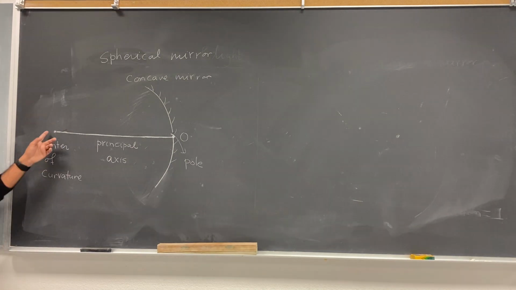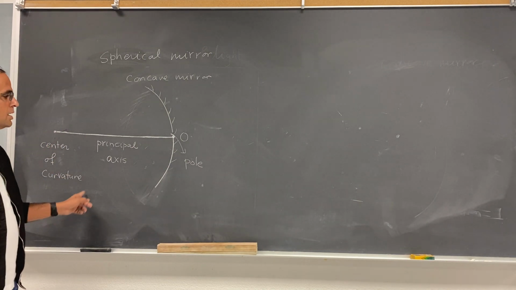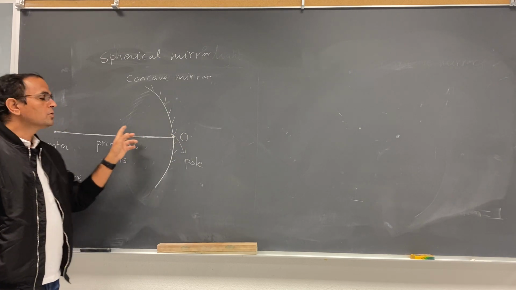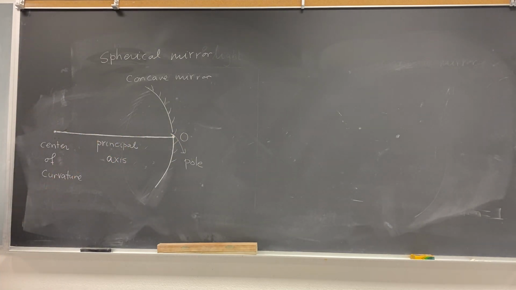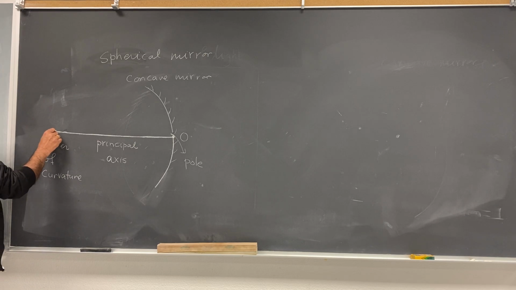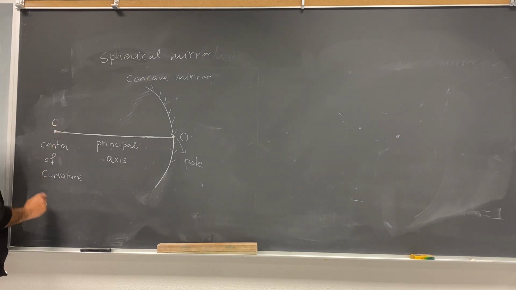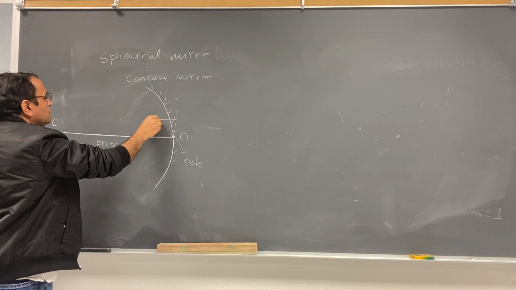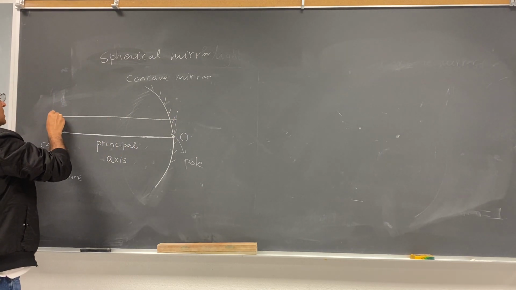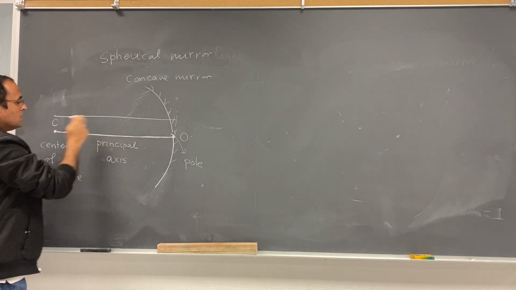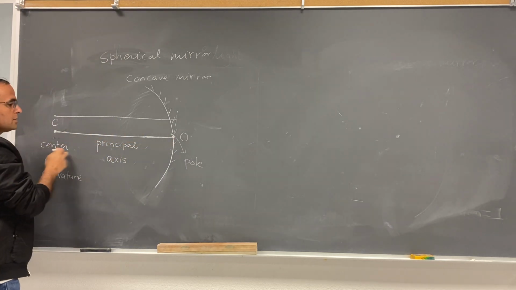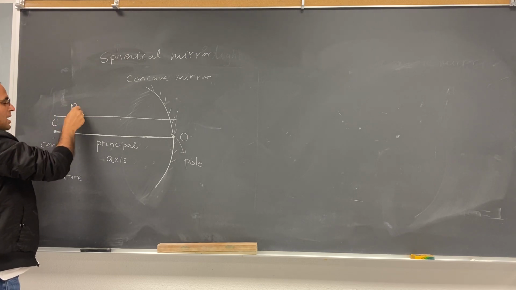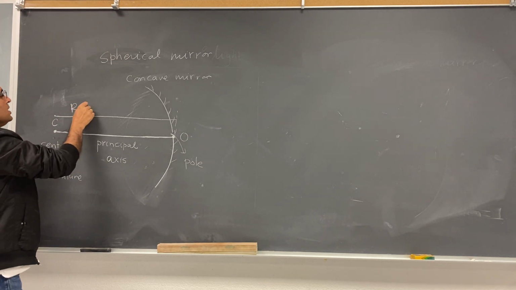The line joining the center of curvature and the center of the mirror, the pole, is called the principal axis. This point is C, this point is O. This length, from the center of curvature to the pole, is called R. It is the radius of curvature.